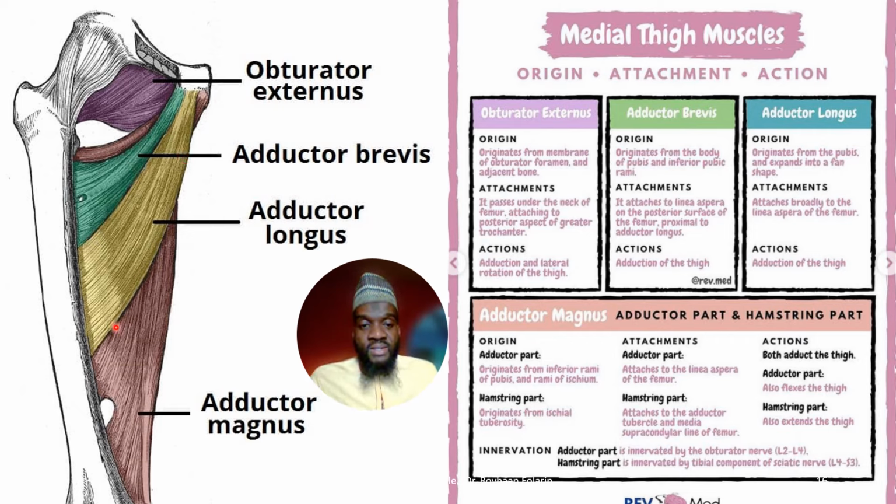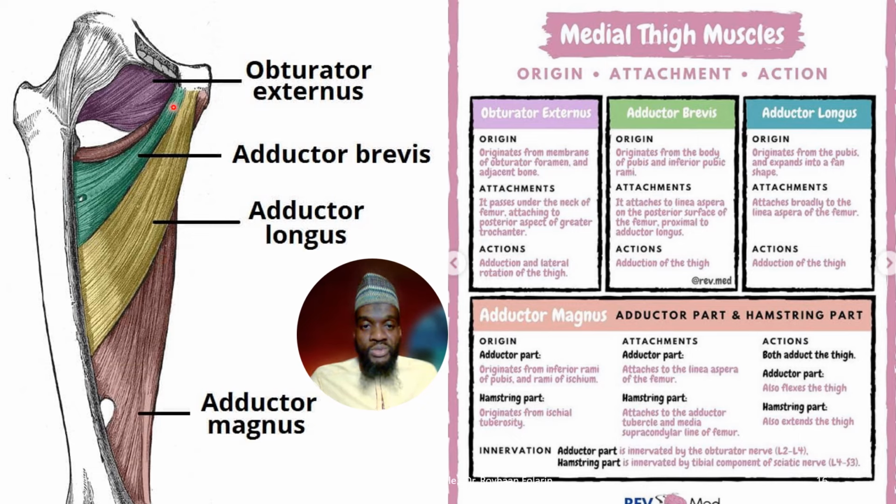Next is the adductor magnus, which is starting from here down here. It's a very big muscle. So it has an adductor part, and it has a hamstring part. The hamstring part is more posterior.